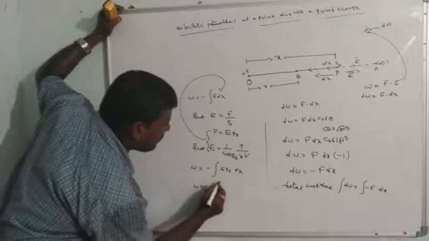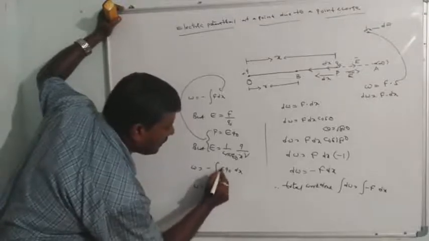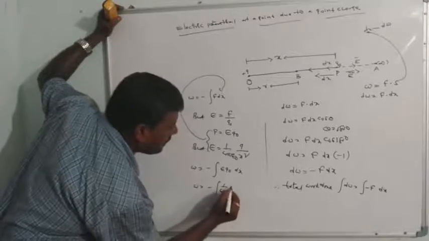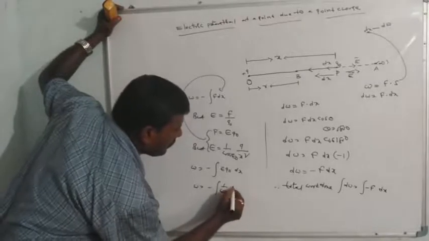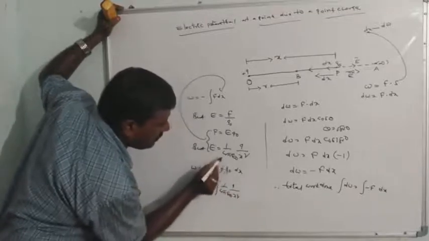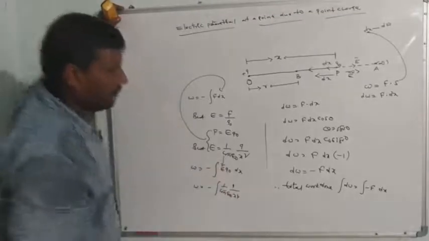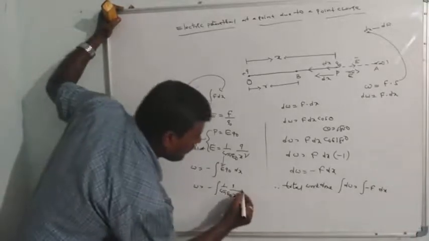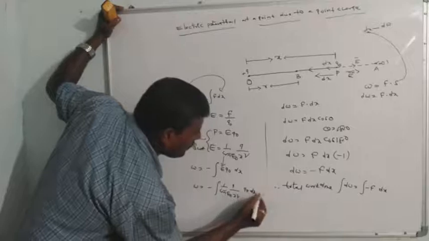W equals the integral of E, which is 1 by 4 pi epsilon naught Q by x square, into q naught into dx.